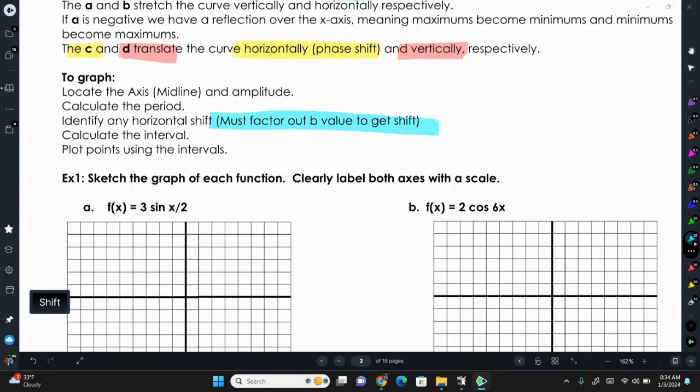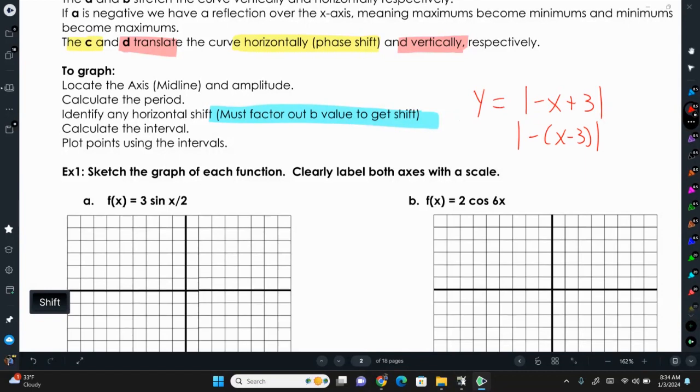Just like when we were doing absolute value or any functions back in chapter 1, I said, okay, to get the horizontal shift, we have to factor out that negative, and it became that. It's the same idea here, but now we're going to be factoring out a value, a number. Then we're going to calculate our interval and then plot points using the intervals.